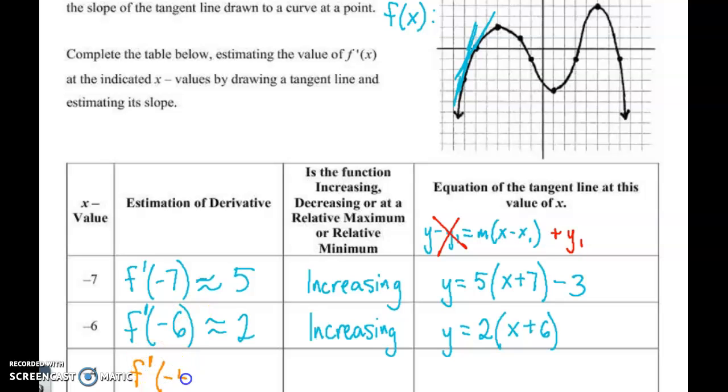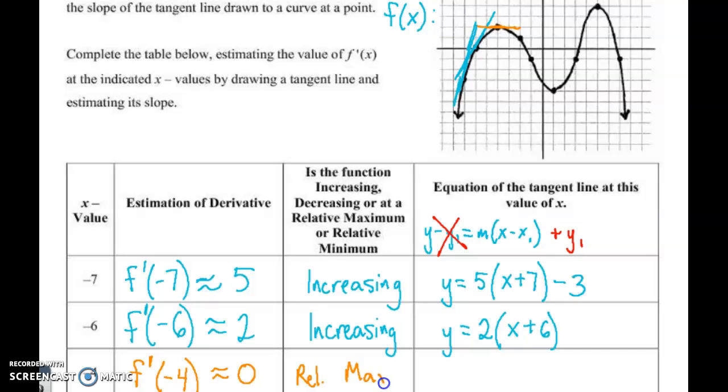f prime of -4 is, I shouldn't say approximately now, because it was intended to be at the top of that curve. So anytime we get to the top of that curve, we're going to say that the slope is 0, which should make perfect sense. And this is a relative max.